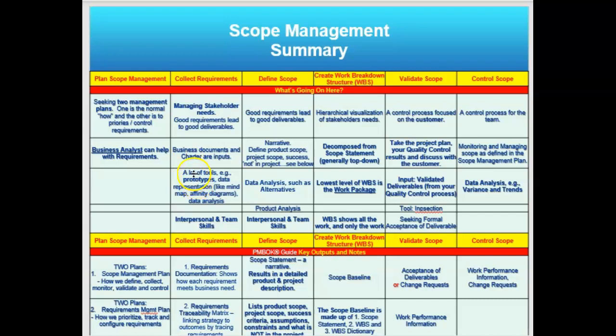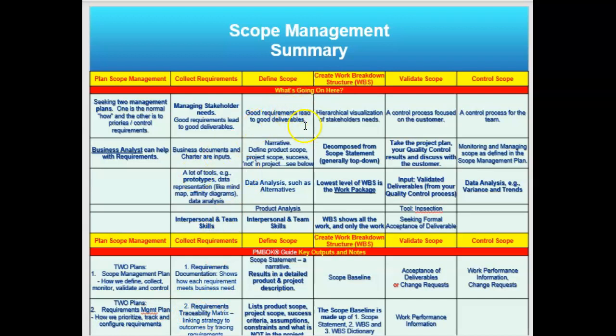I'm going to use a lot of tools, including prototypes, data representation, etc. And I'm going to use a lot of interpersonal and team skills to get this done. My outputs were my requirements documentation. Remember, those are quantifiable, testable, traceable items, and the requirements traceability matrix, which I showed you along the way.